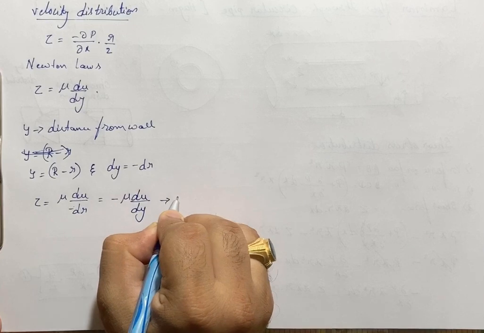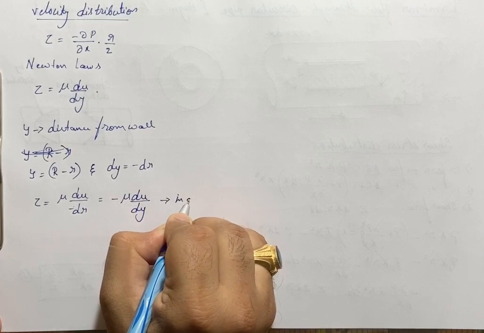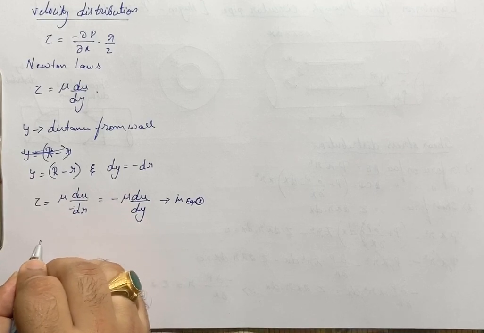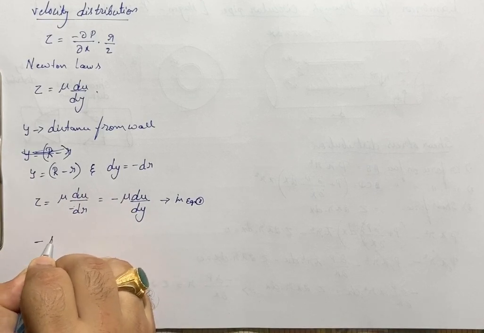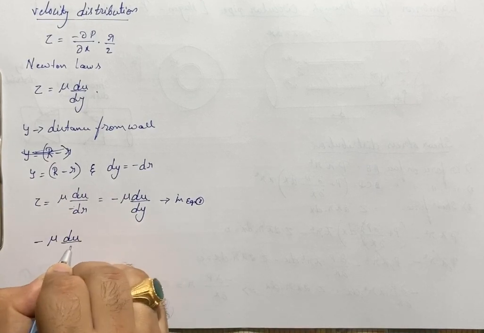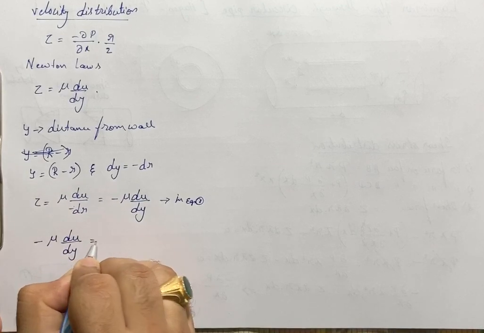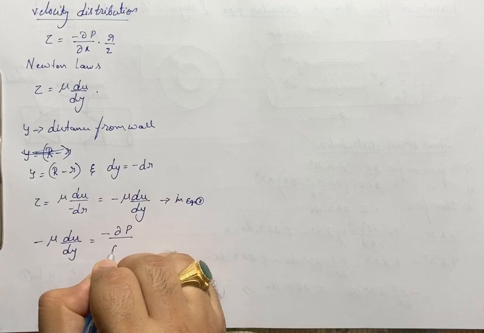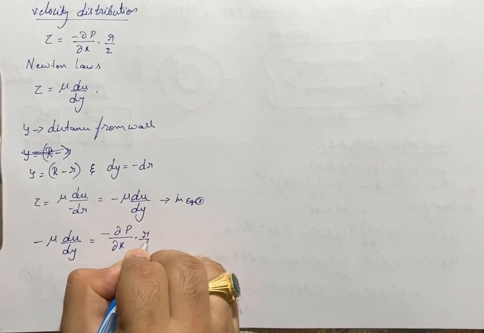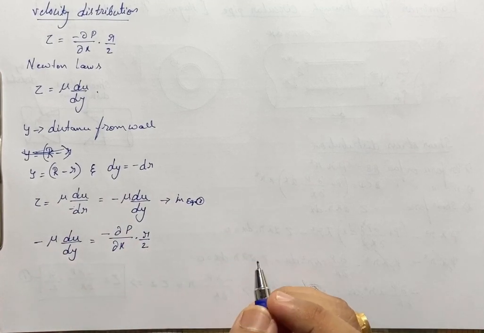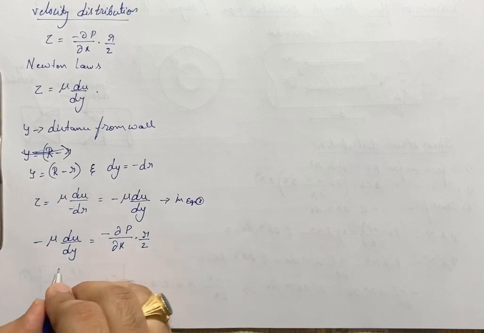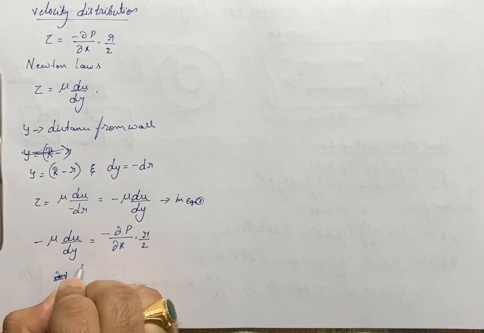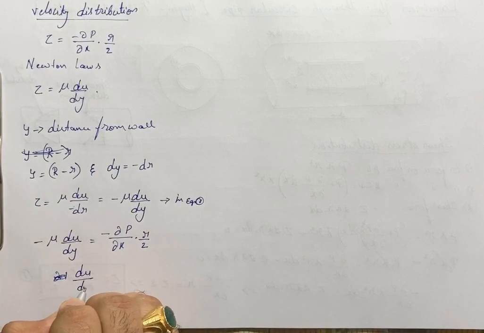Now substitute this in equation 1. What we will get when we substitute this in equation 1? That is minus of mu into du by dy is equal to minus of dou p by dou x into r by 2. Now what is du by dy?